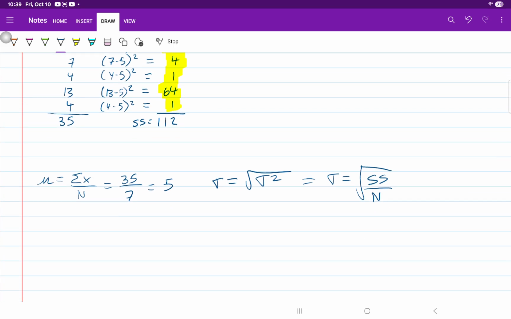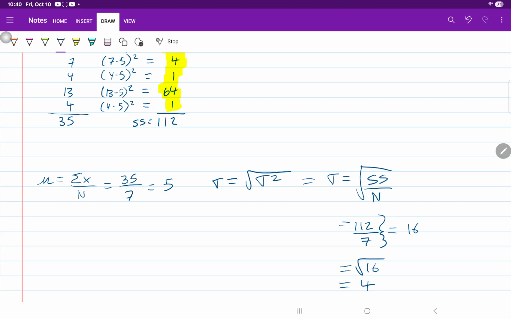Our sum of squares is equal to 112. I have to divide that by our 7. And that's going to give us 16, by the way. Square root of 16 equals 4.